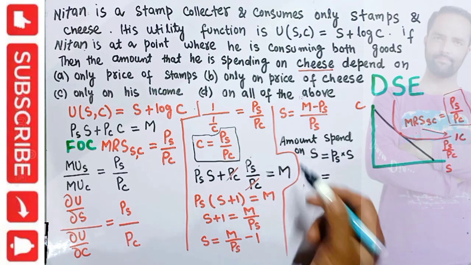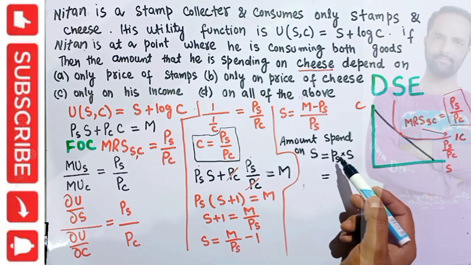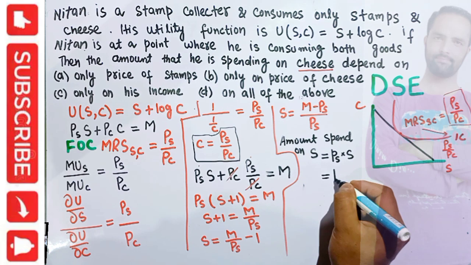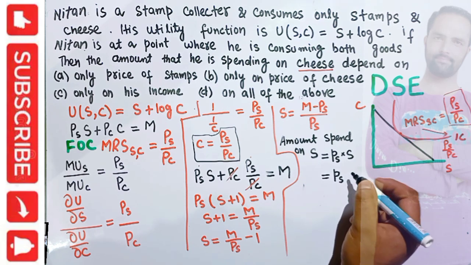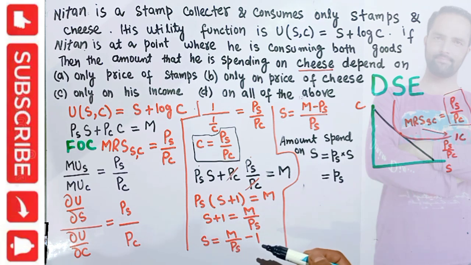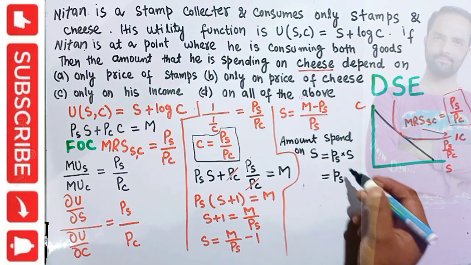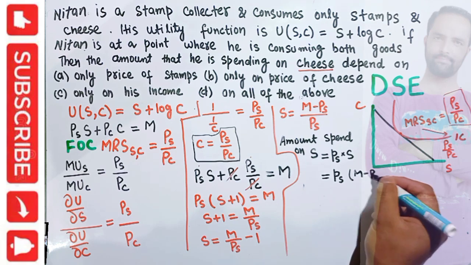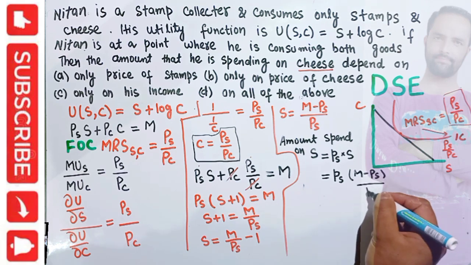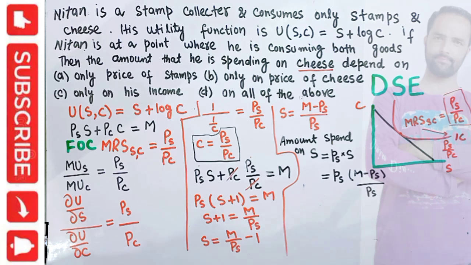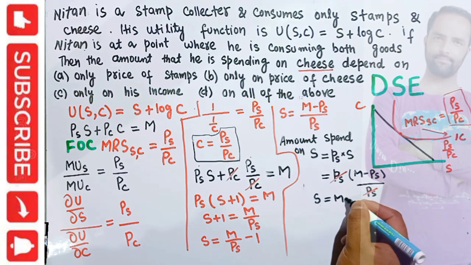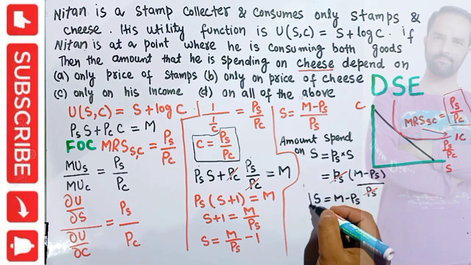So the amount spent on stamps will be equal to price of stamps into units of stamps, which we got here, m minus ps upon ps. Okay, so ps gets cancelled, so the amount spent on stamps is equal to m minus ps.